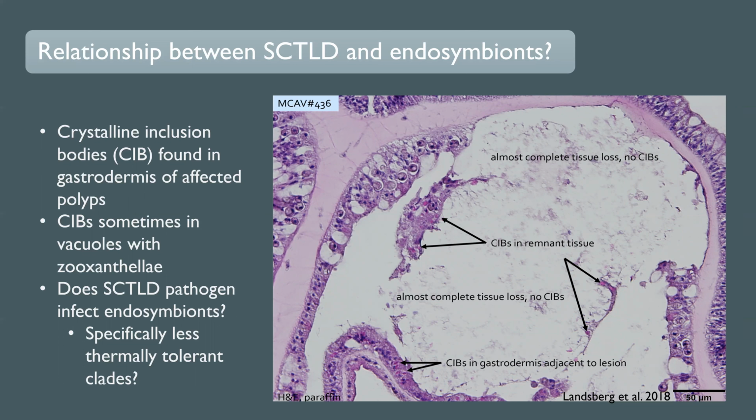Many of these crystalline inclusion bodies are found within the vacuoles containing the endosymbiont algae, or zooxanthellae, which provide the coral with their energy, which helps support that notion that the stony coral tissue loss disease pathogen or pathogens has some kind of relationship with the endosymbionts.